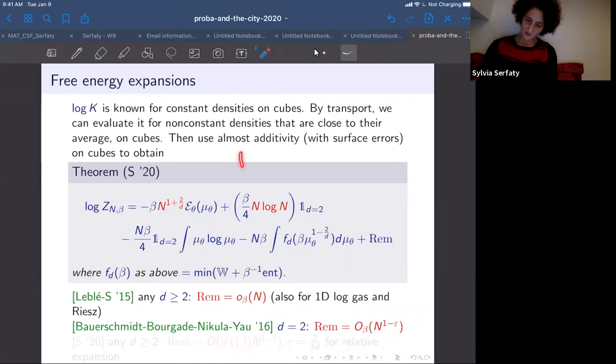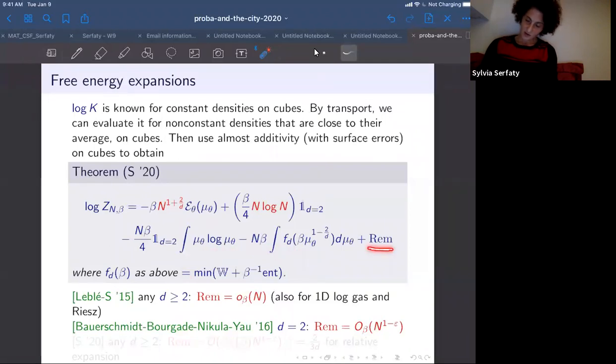but now, thanks to that, with this idea of almost additivity, we can get an expansion of log z with now an error term, which is better than what was known before. So previously, we have the order n term, as I told you. The order n term is explicit. It involves this function f of beta, and f of beta can be characterized as this.